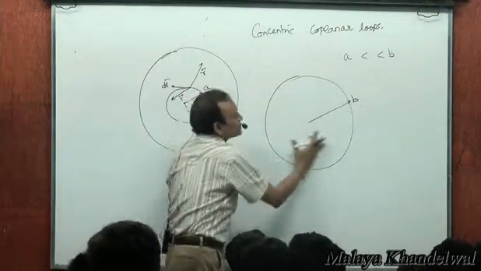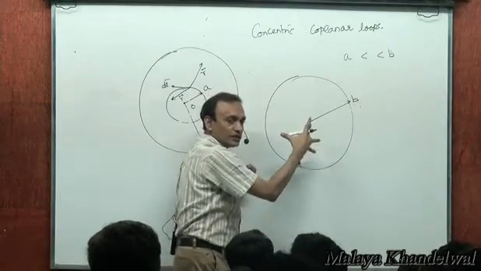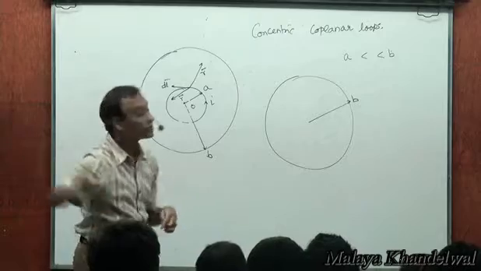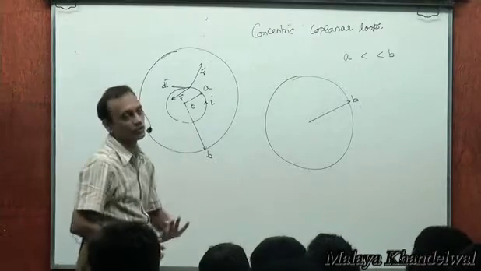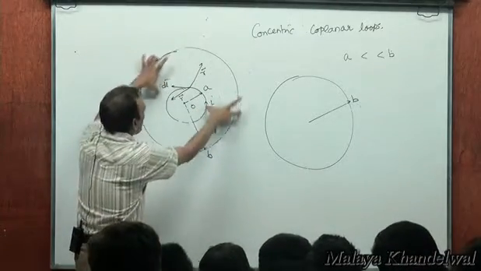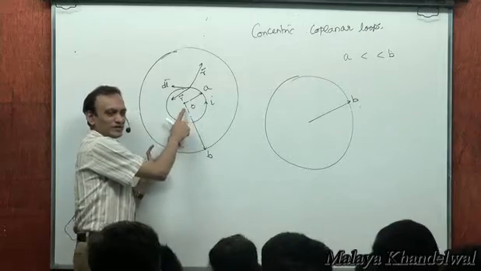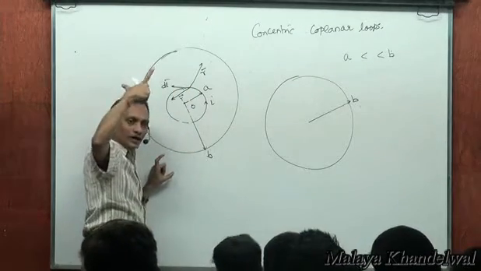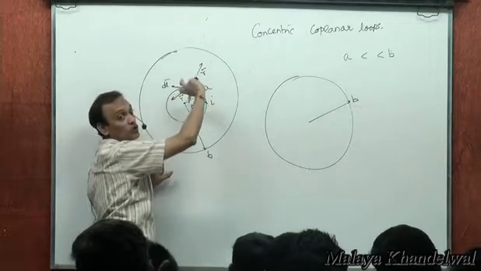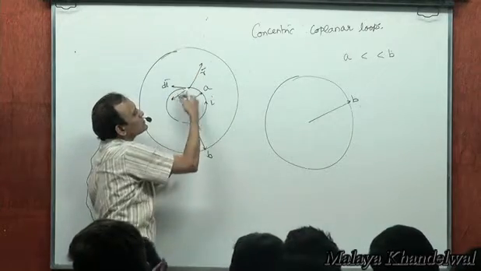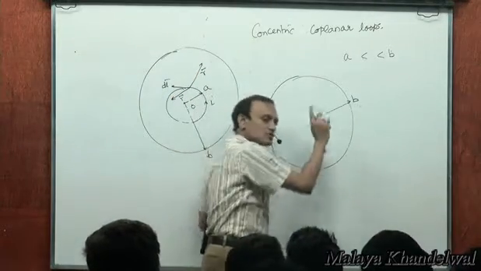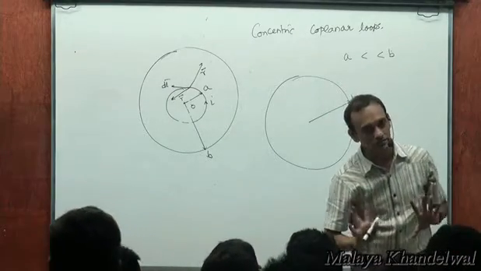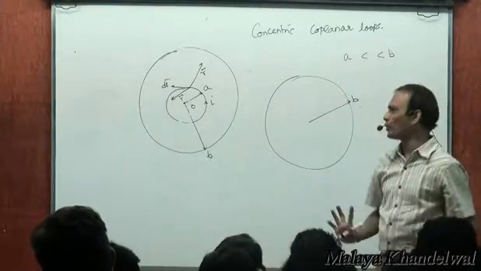However, there is a net flux going in, because the region in which the flux is coming out is much smaller compared to the region in which flux is going in. So the net flux in this region must be into the plane of the board. That's a good estimate, but that's not important right now.